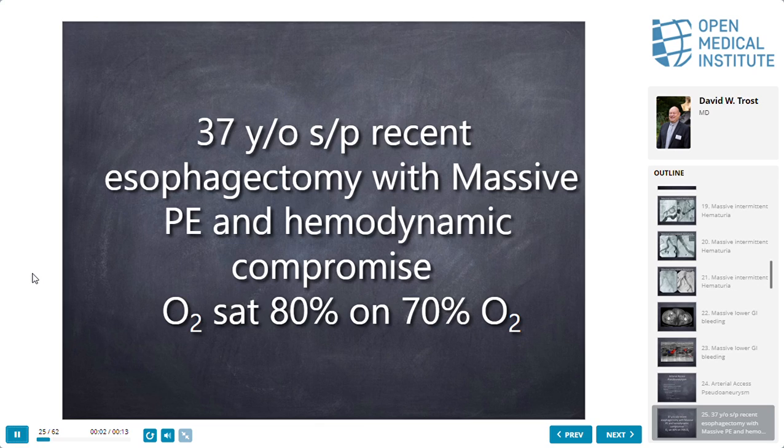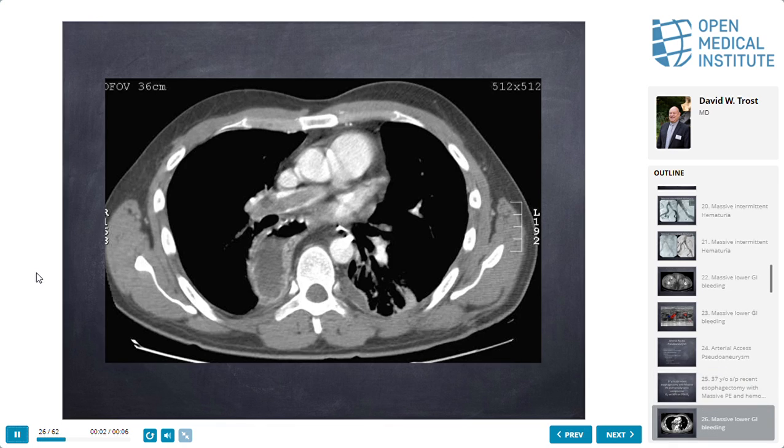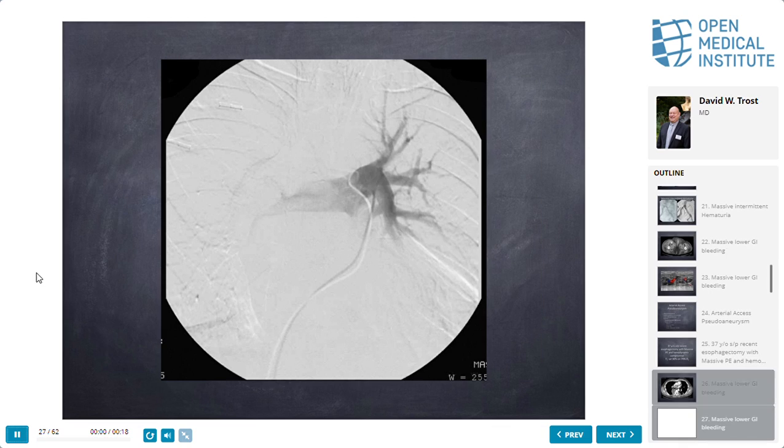So here's another. I'm just using some extra cases I had under the pulmonary embolism category. This was a person that had an esophagectomy. Here's the CT. You can see large thrombus on this. This is his angiogram. You can see the thrombus just wrapping around.